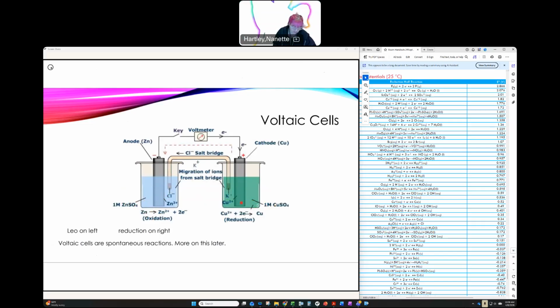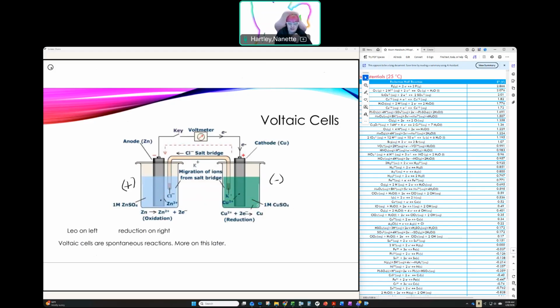On this side, we go from Cu2+, gain those 2 electrons, and come out to Cu. That's my reduction. Over time, as the electrons leave this side to come over here, this ends up being positive, and this ends up being negative.